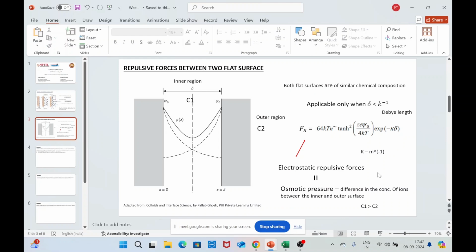So this is the possible driving mechanism for the osmotic pressure. Since the ions are present, there will also be electrostatic repulsive forces. As I said, both the flat surfaces are of similar chemical composition, so the ions surrounding these flat surfaces will also be of the same nature. Due to this, there will be electrostatic repulsive forces. So these two forces together contribute to the net interaction between the two flat surfaces you are considering.